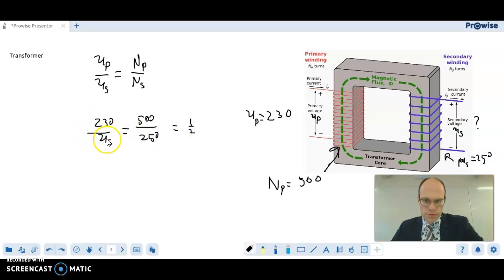So this should be half of that to have the same ratio, sorry, it's 2 of course. So then this number is 115.